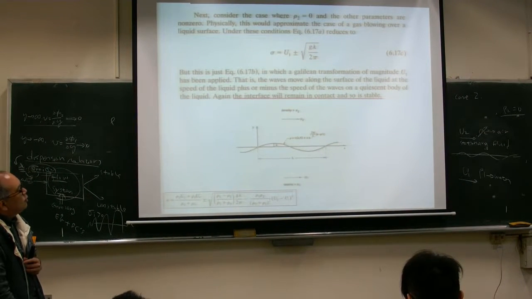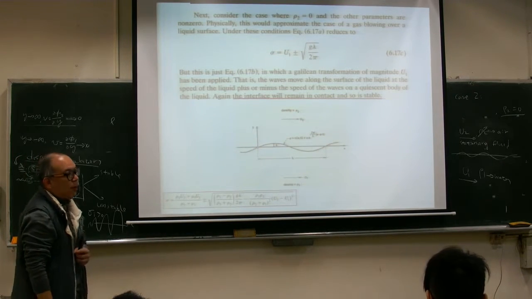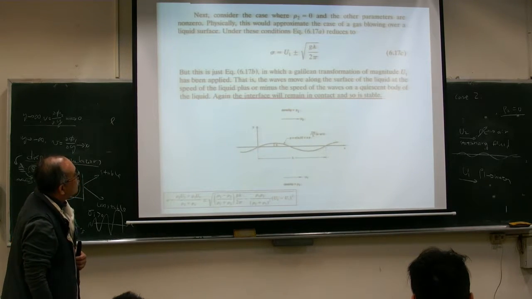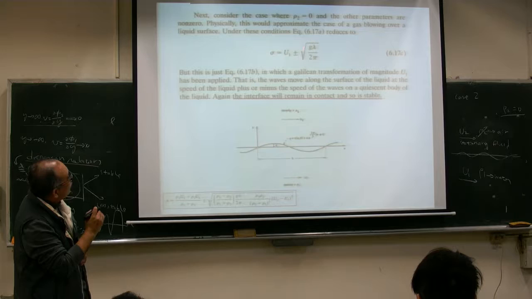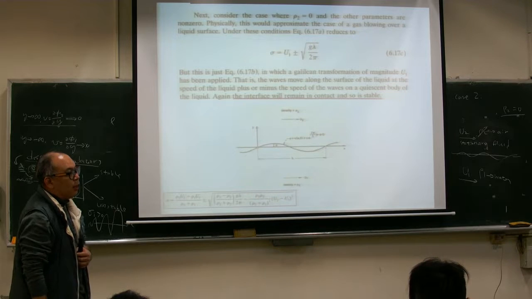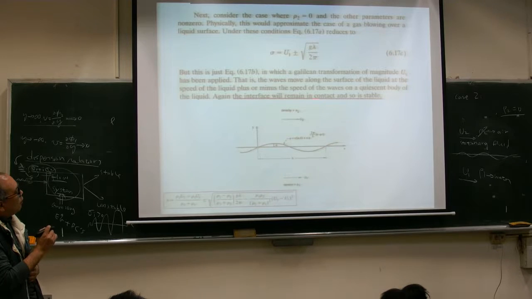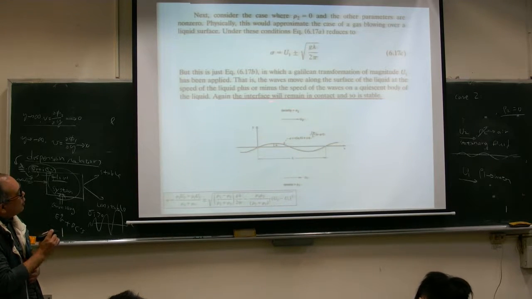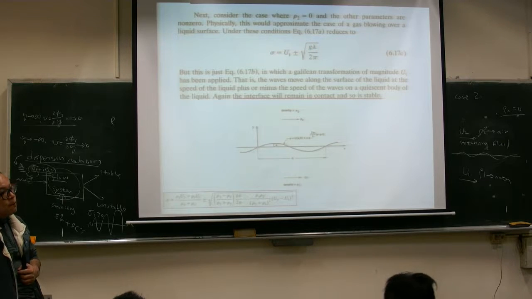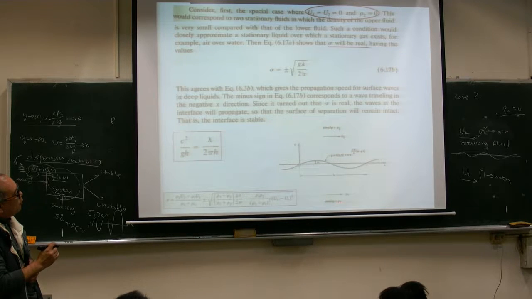Again, you can check sigma is equal to sigma r plus i sigma i. Here this is a real number, and this is another real number. If you add or subtract a real number, it is all real numbers, so sigma i is again equal to 0. So once I introduce this small perturbation, this interface stays stable. The only difference from the previous case, without any speed, is that my wave speed is now equal to this.